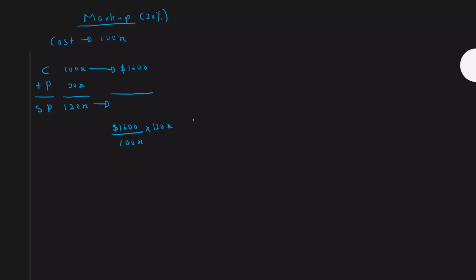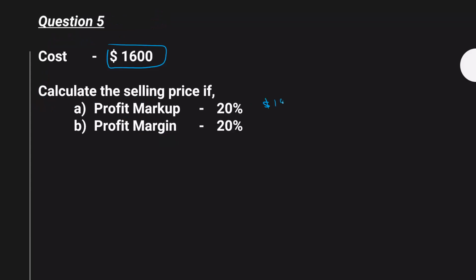I am getting a value of 1,920. So here selling price is how much? 1,920. If you want, you can calculate the profits by doing a reverse calculation. So here according to the markup method, your selling price is 1,920.